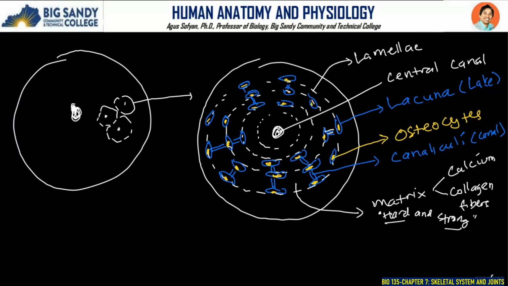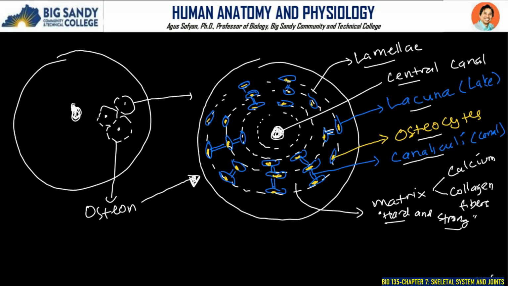So this is how compact bone looks. Under the microscope, compact bone consists of units called osteons. If we make the osteon bigger, each osteon has a central canal with lamellae. Then there will be lakes, or lacunae, that have osteocytes in them. The lacunae are connected to one another with canaliculi.